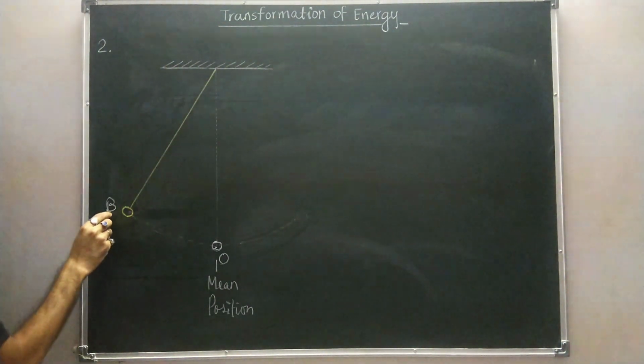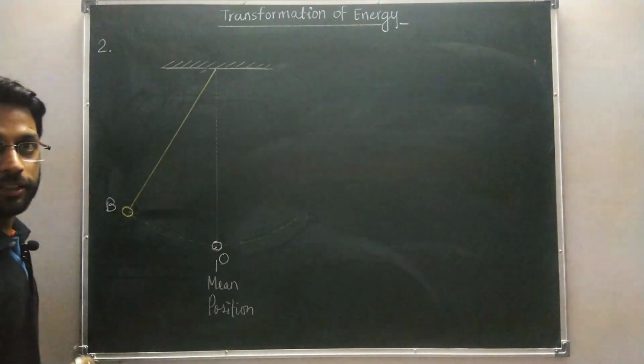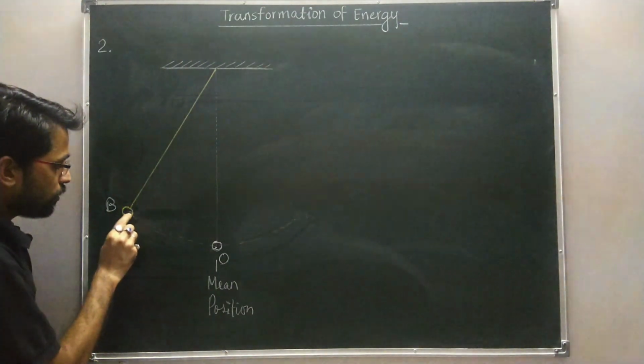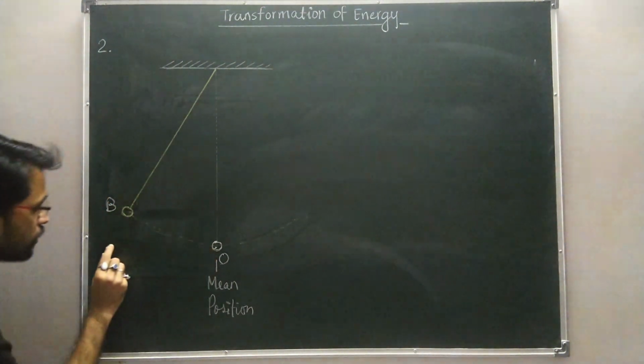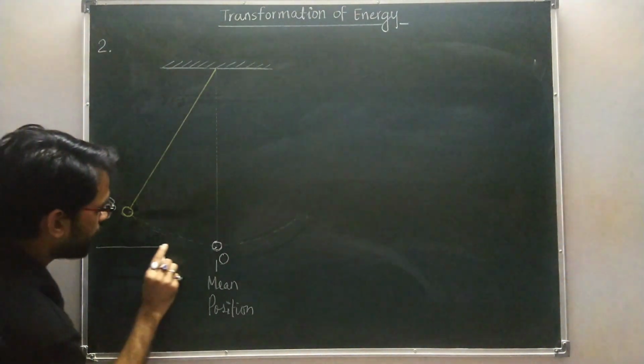At point B there is gravitational potential energy. Why? Because the bob is raised to a vertical height of, say, h.